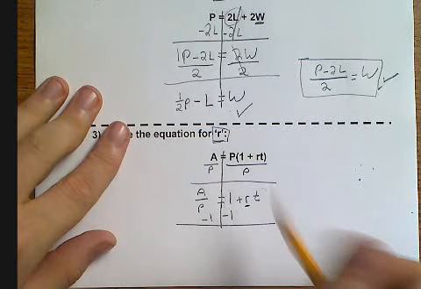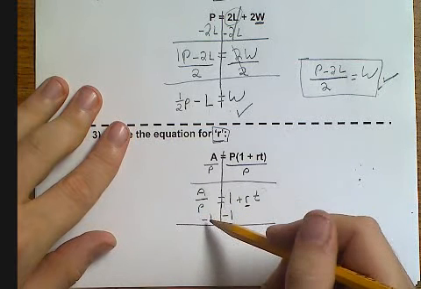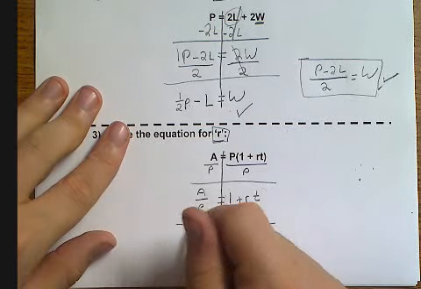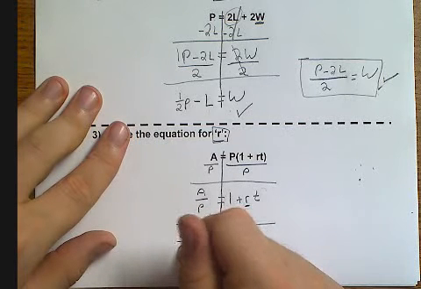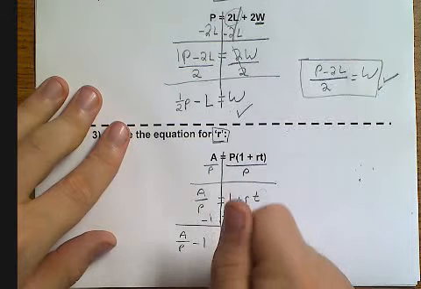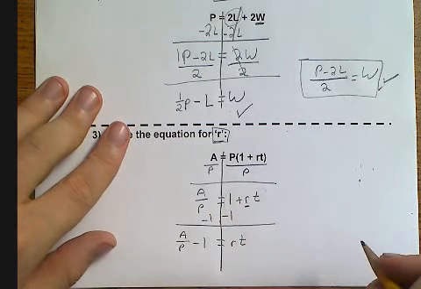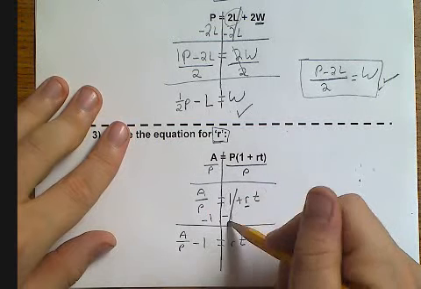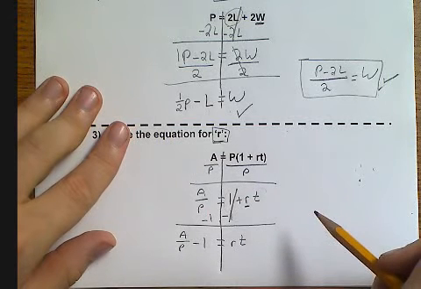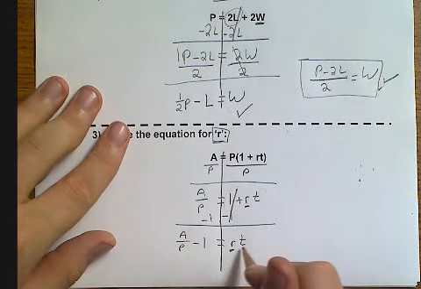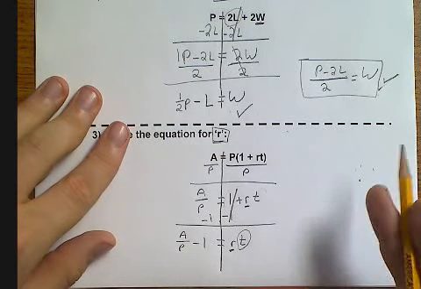Now, A over P minus 1 doesn't do anything. I can't change anything. So I'm just going to go ahead and write A over P minus 1 equals RT, because 1 minus 1 canceled. Now, I still want to get the R by itself, and I've got this T that's in my way.